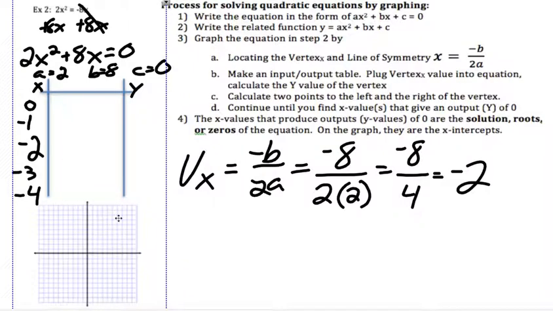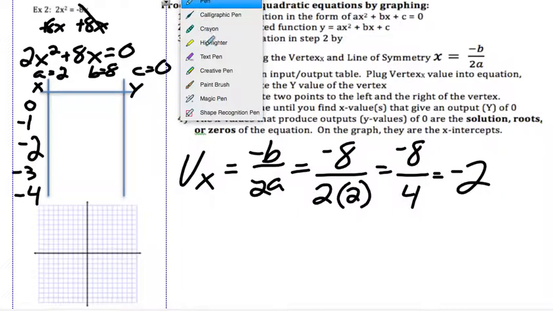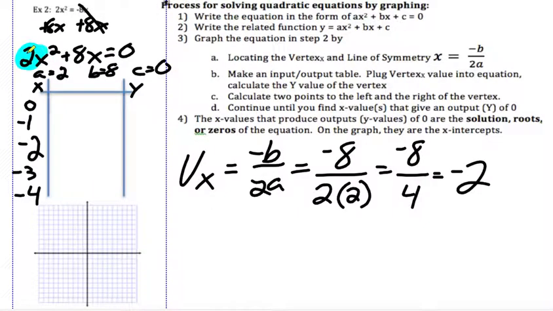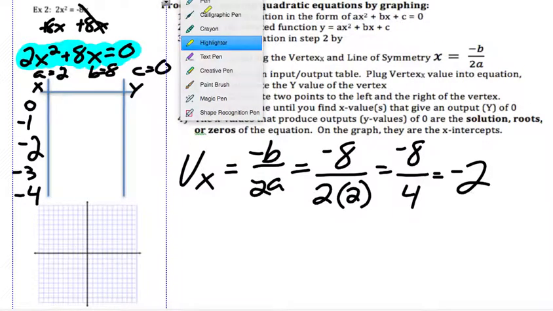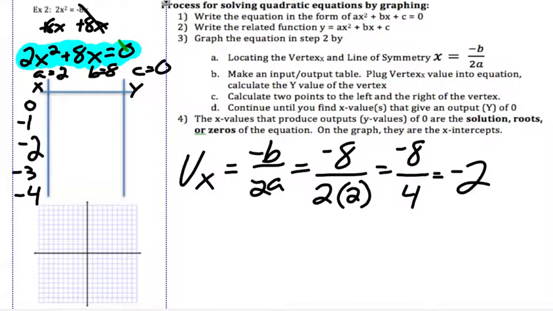So to find the actual coordinate of the vertex, plug in negative 2 for the equation where we've set the equation equal to 0 or replaced it with a y, either or, right there. I'm going to plug it into that equation. Really, we should replace the 0 with a y, because I want to know when x is negative 2, what is y.